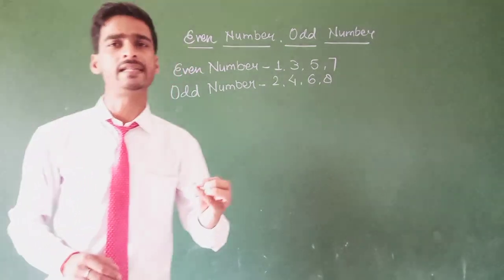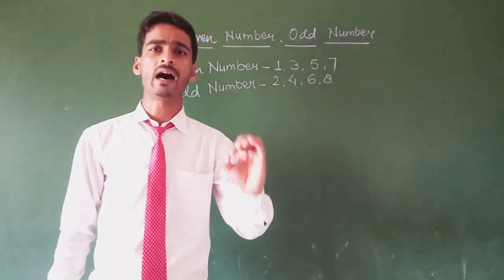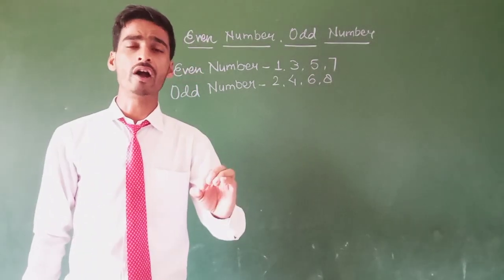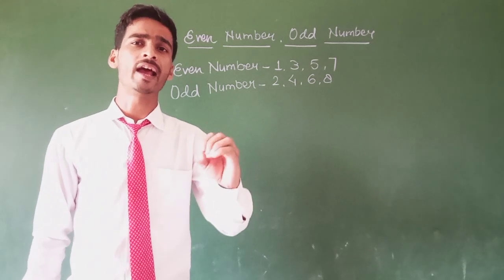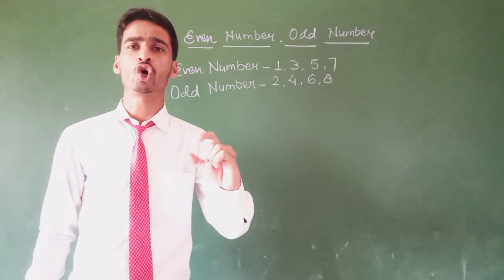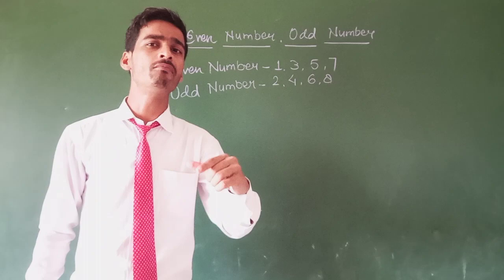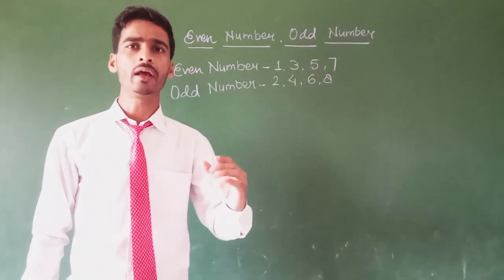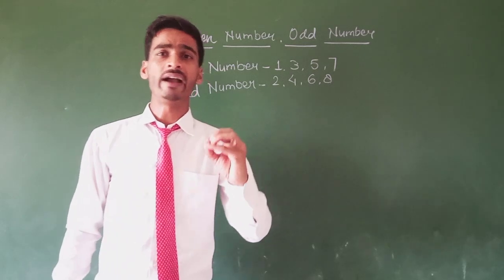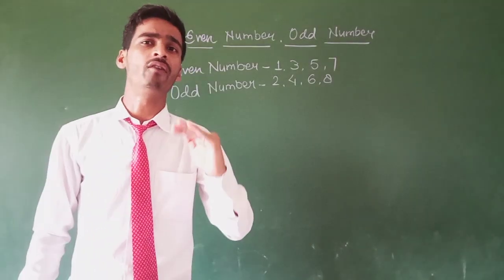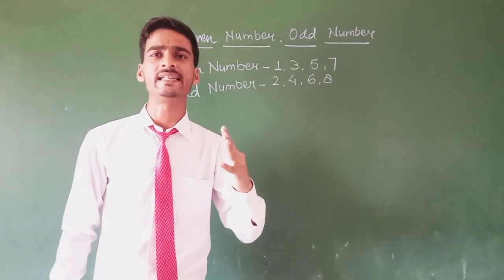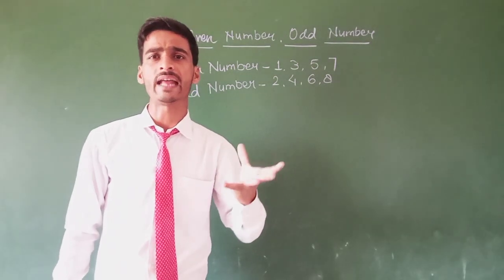In other language you can say that numbers which cannot be divided by 2 are called odd numbers, and numbers which can be divided by 2 are called even numbers. In class 2nd, divided means if you divide 4 by 2, that is 2. 2 2s are 4, 2 3s are 6, 2 4s are 8, 2 5s are 10.